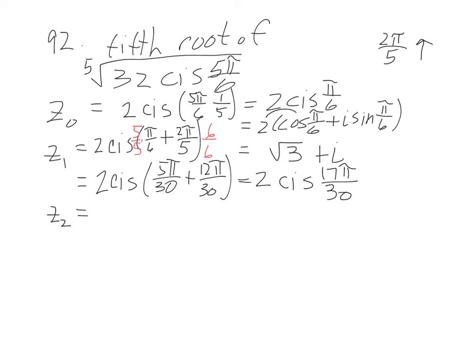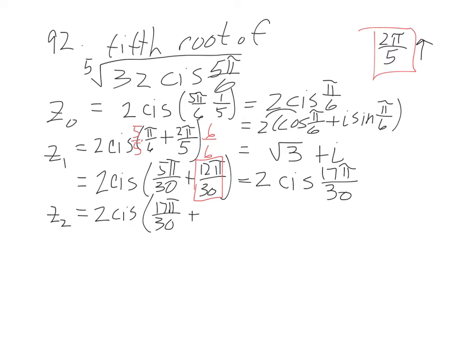What's nice about this now is that our last angle was 17 pi over 30, and we're going to add that to what we found before, which is the increase. In terms of over 30, that's the 2 pi over 5. Over 30, we are adding 12 pi over 30.